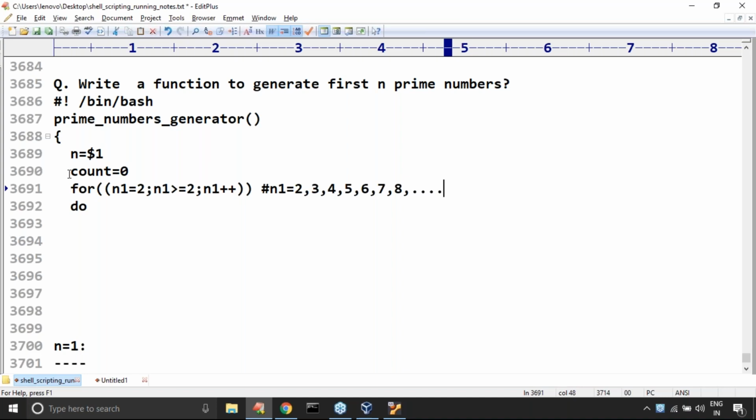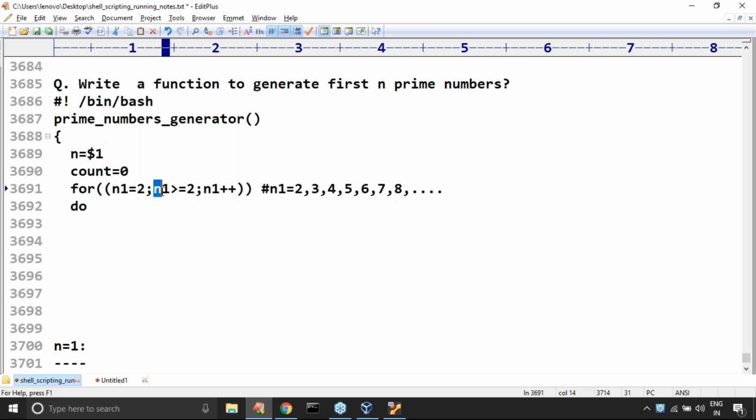If my count reaches n, then I will stop in the middle, don't worry, with a break. Why am I taking n1 greater than or equal to 2? So that it is always continued.